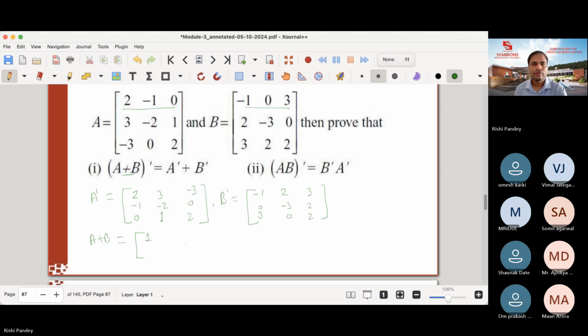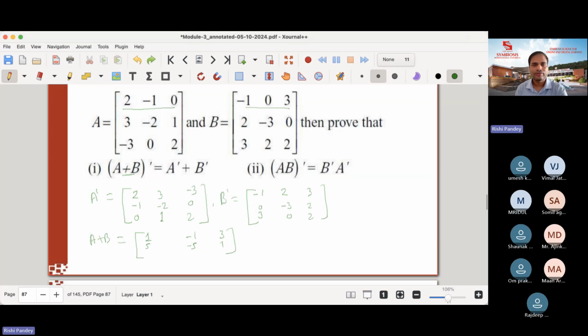Addition. It is 1 only. Okay. Minus 1 plus 0, minus 1. Okay. 0 plus 3, it is 3 only. Okay. Again, 3 plus 2, 5. Okay. Minus 3 minus 2, minus 5. 1 plus 0, 1. Okay. Minus 3 plus 3, 0. 0 plus 2, 2. 2, 2, 4.